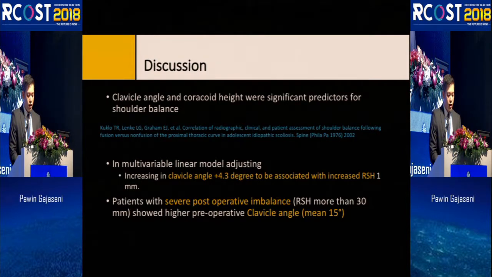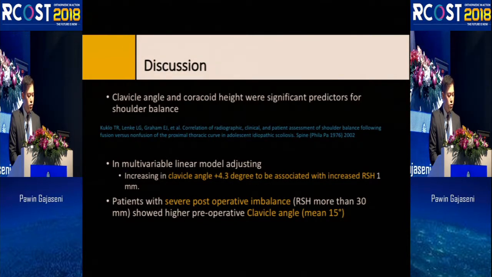And our study found that the clavicle angle was strongly correlated with the shoulder balance, which is similar to Kuklo et al., who pointed out that the clavicle angle and the coracoid height were significant predictors for shoulder balance. From the multivariable linear model, we found that a marginal increase in the clavicle angle of 4.3 degrees is associated with an increased shoulder height of around 1 millimeter.